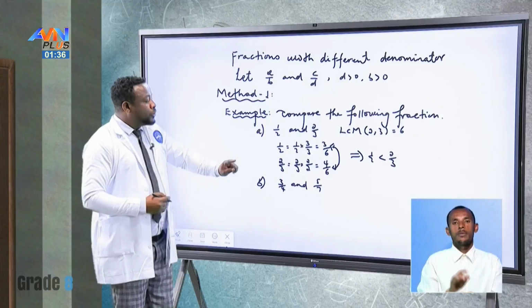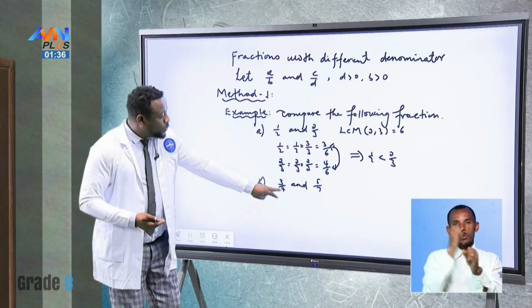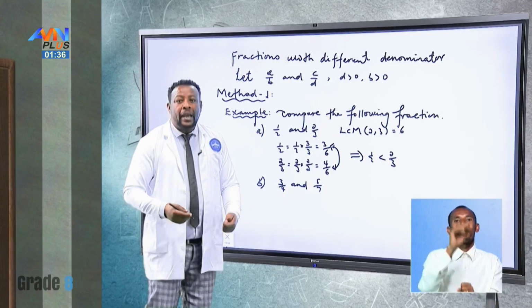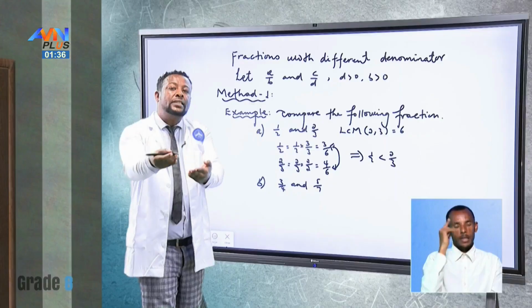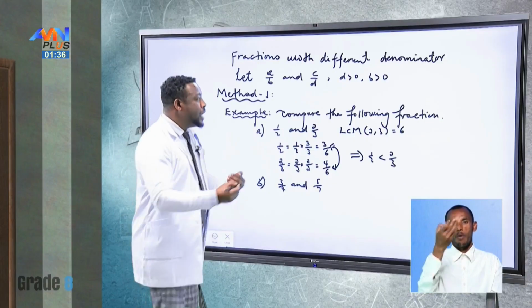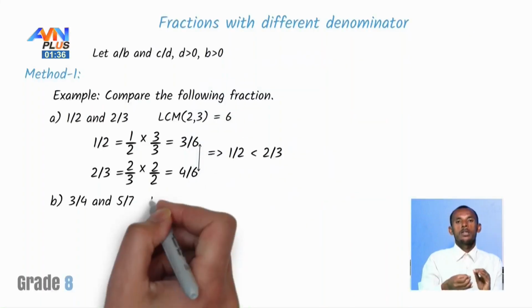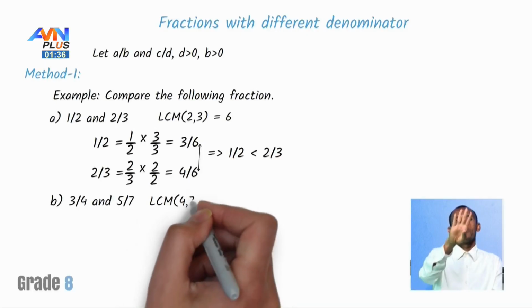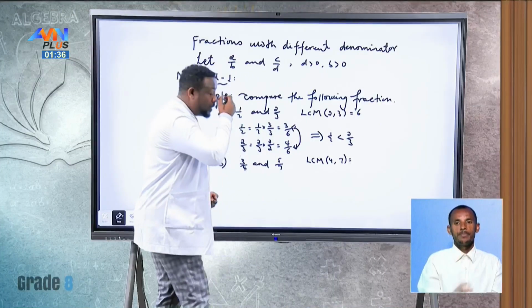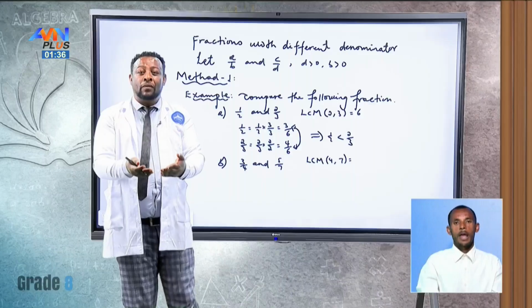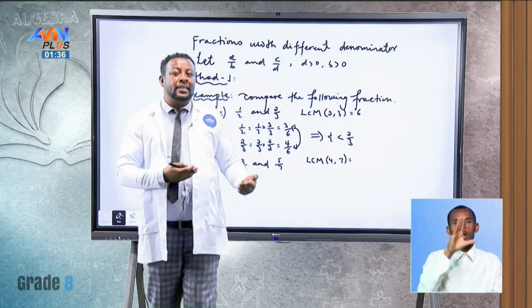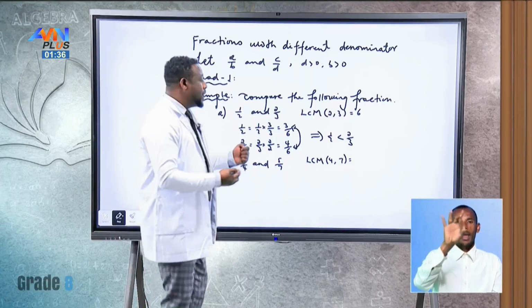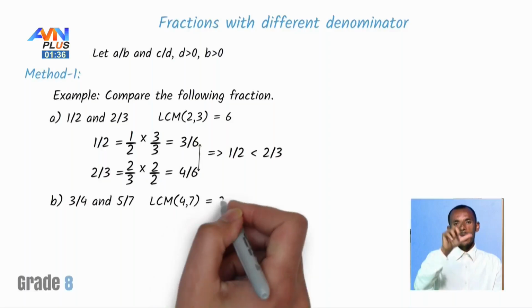So to do this, we need to take 4 and 7 and determine the LCM of the two numbers. So what is the LCM of 4 and 7? The LCM of 4 and 7 is 28.